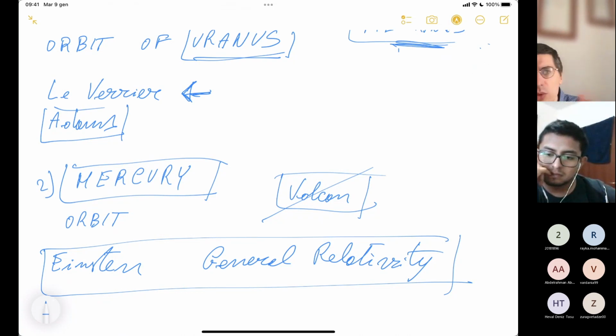I know that you for sure have heard that when you talk about general relativity, you can talk about a warping of the space near the stars, simply because the stars are a very big mass.